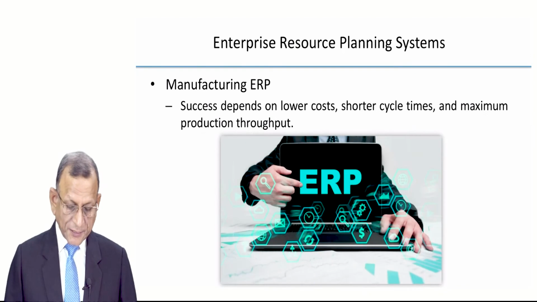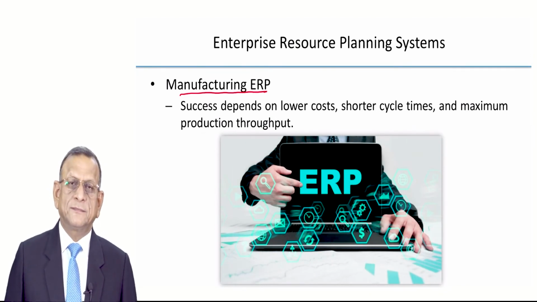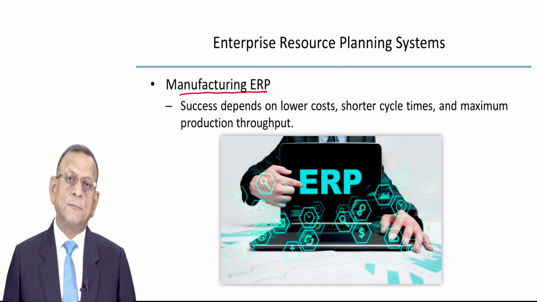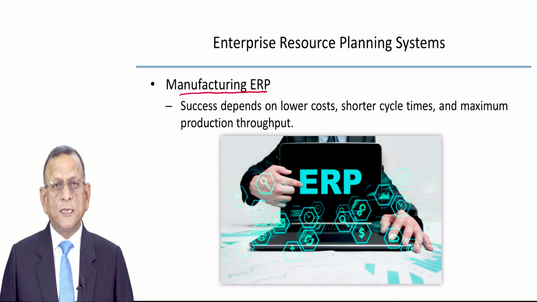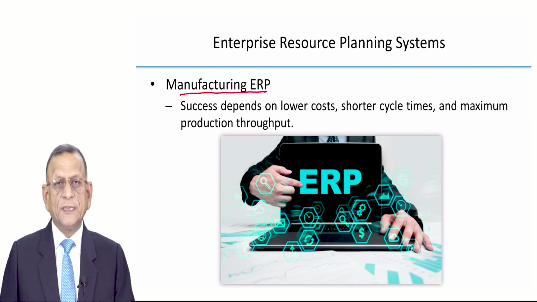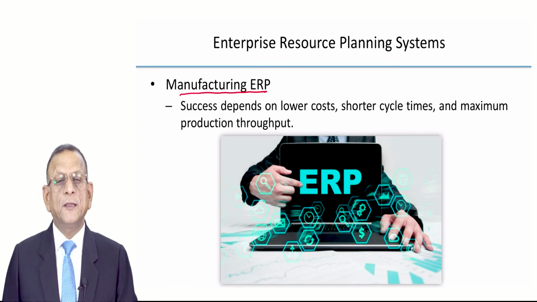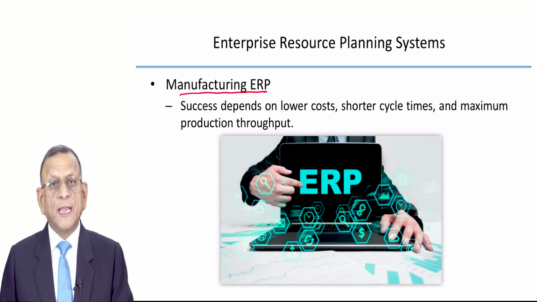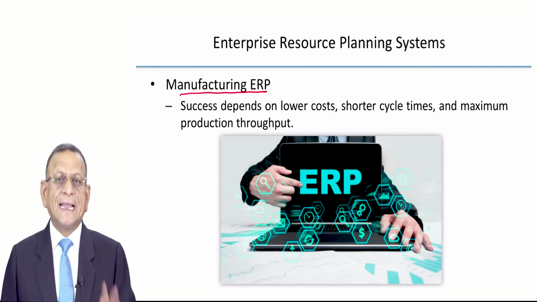Initially, we started with something known as manufacturing ERP. Manufacturing was being treated as a complex area, so people started automating it with integrated solutions, which got a name like manufacturing enterprise resource planning. Enterprise resource planning related to the manufacturing area.